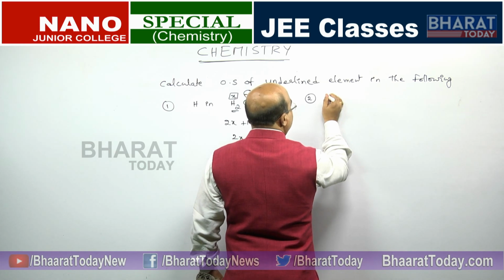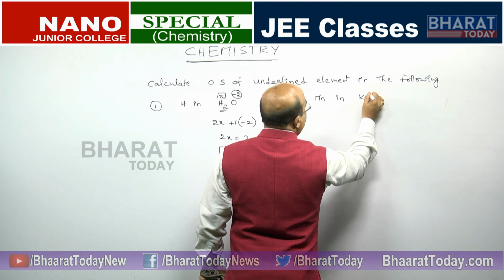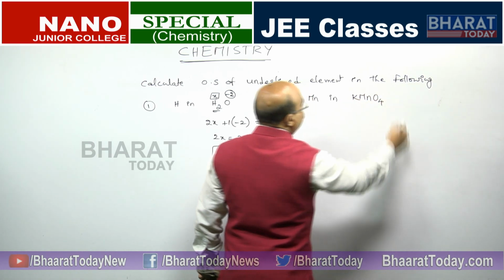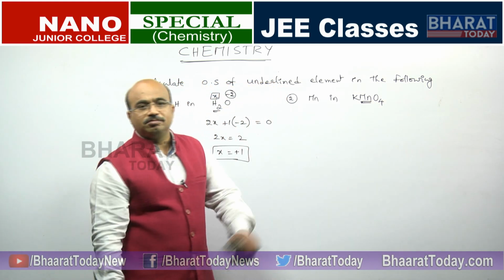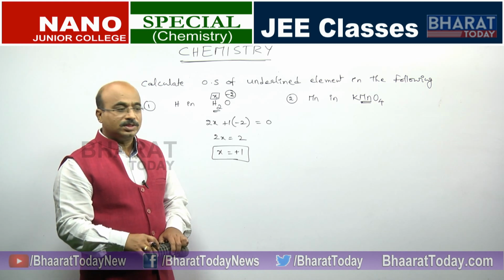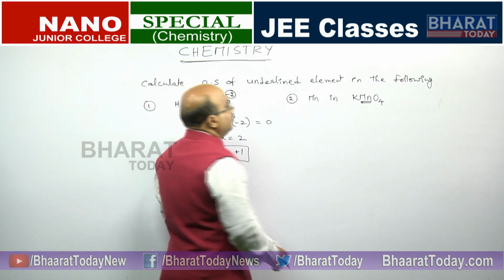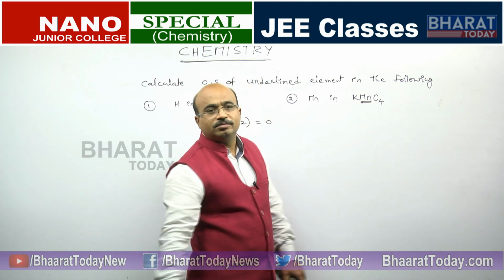The manganese in KMnO4. So, we are underlining, otherwise we are even mentioning it. So, what is the oxidation state of manganese in this? Here potassium is there, we have a rule for potassium because it is a 1A element.